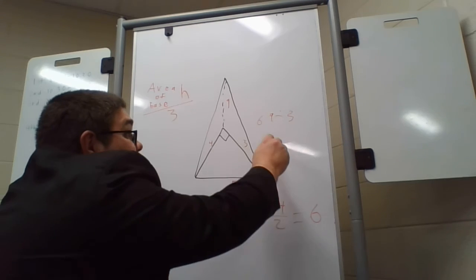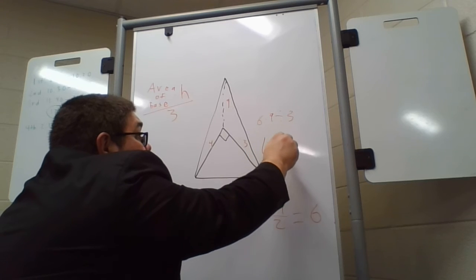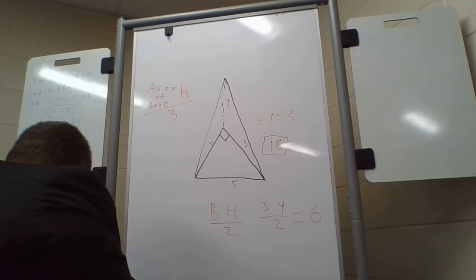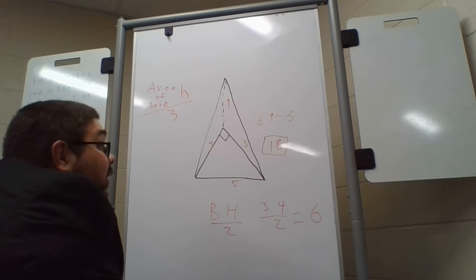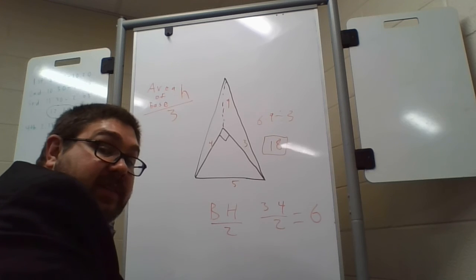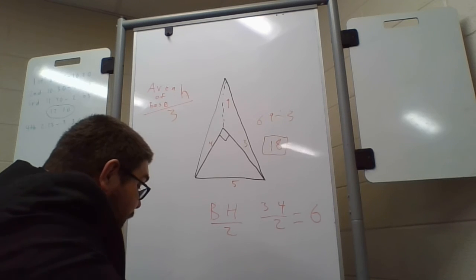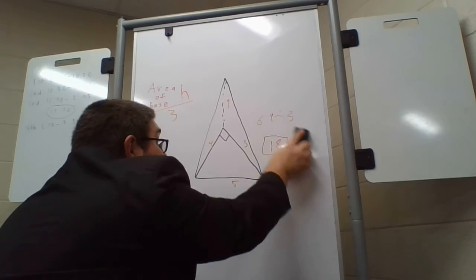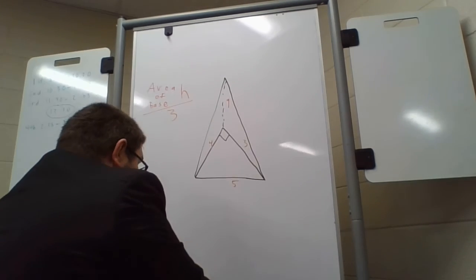Divided by 3 gives us 18. And that's it. That's your answer. Now, hopefully that's easy enough. However, I'm going to give you an easier way to do it, a quicker way to do it.